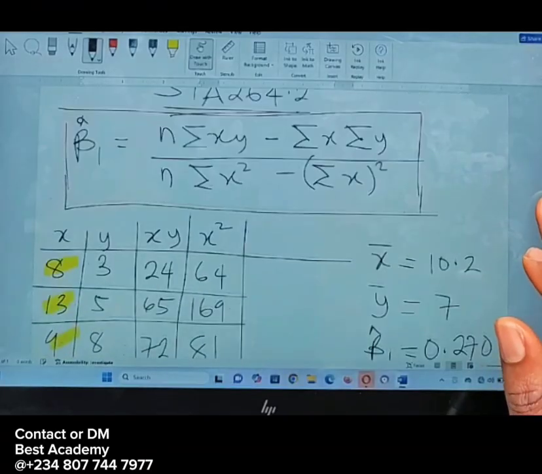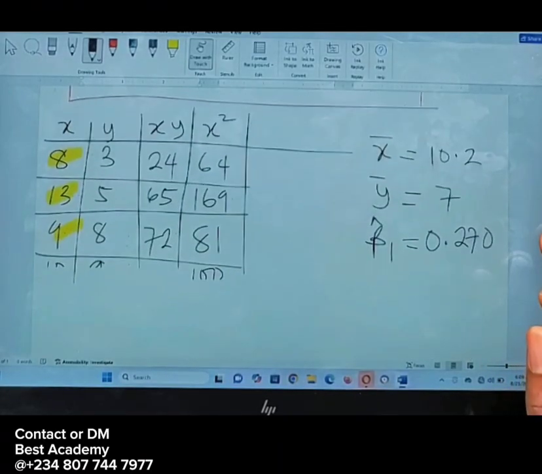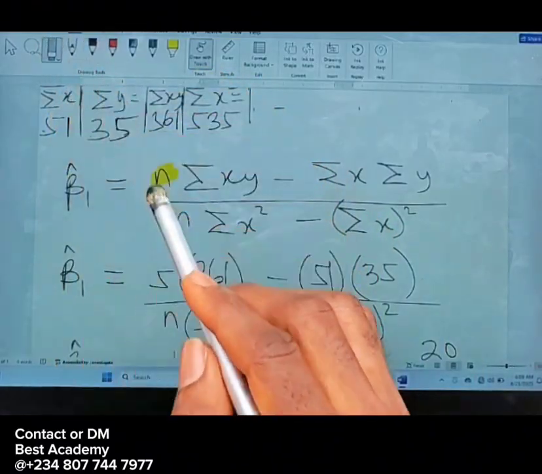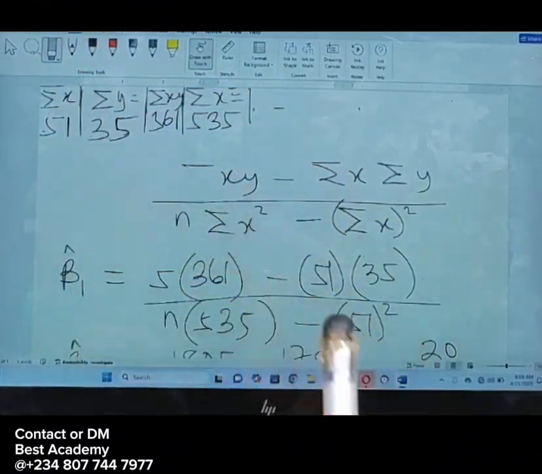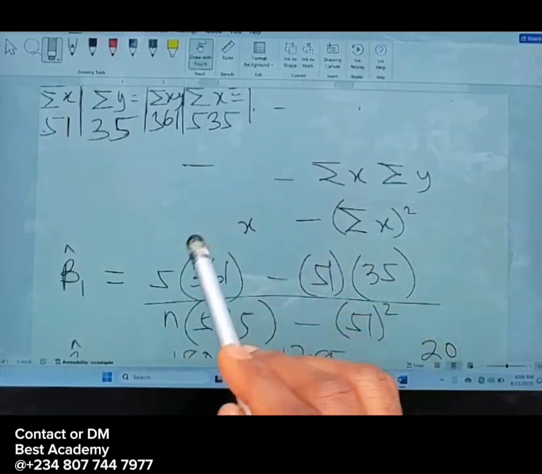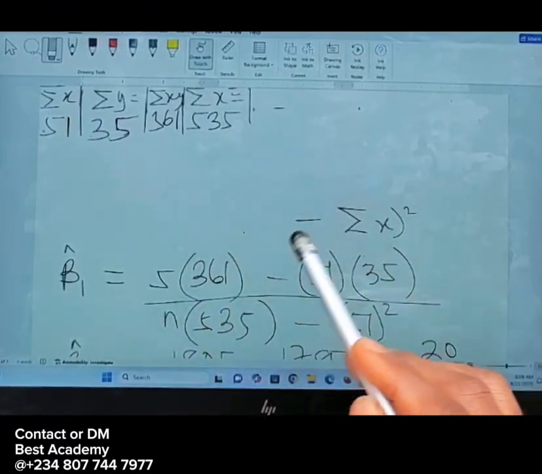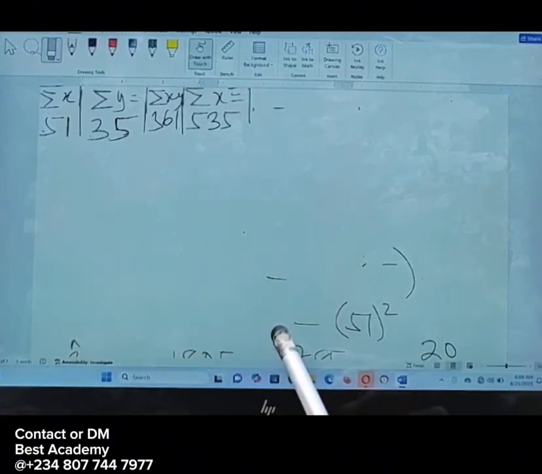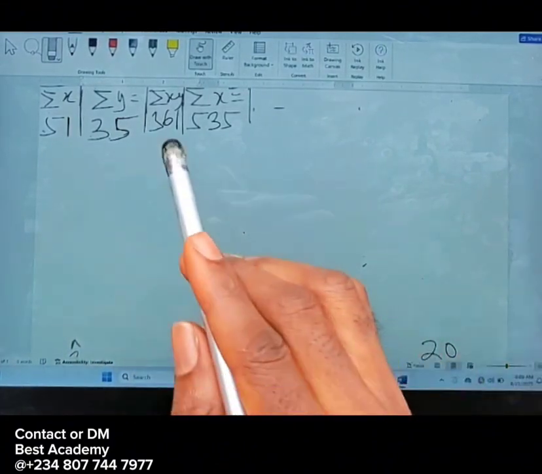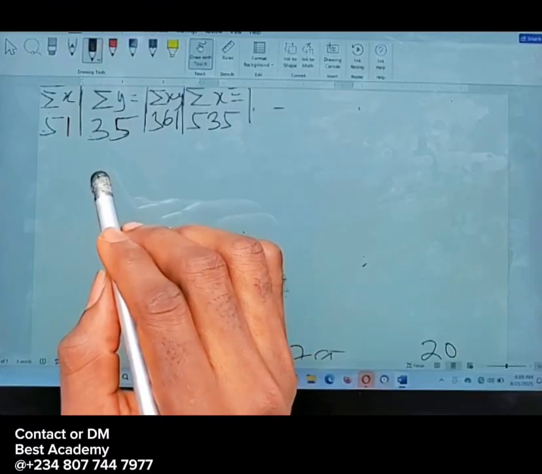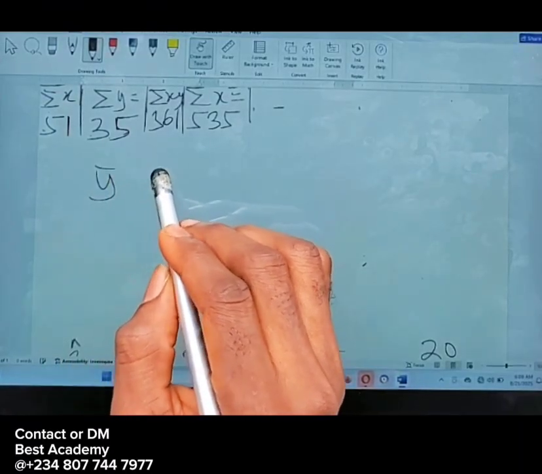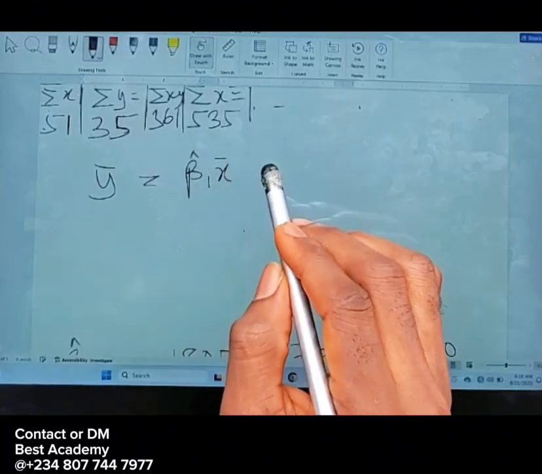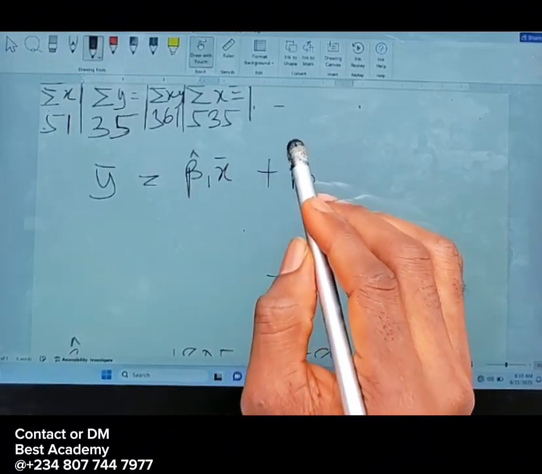Okay, let me just clean the board, please. So from this equation here, y bar is equal to beta 1 hat s bar plus beta naught hat.